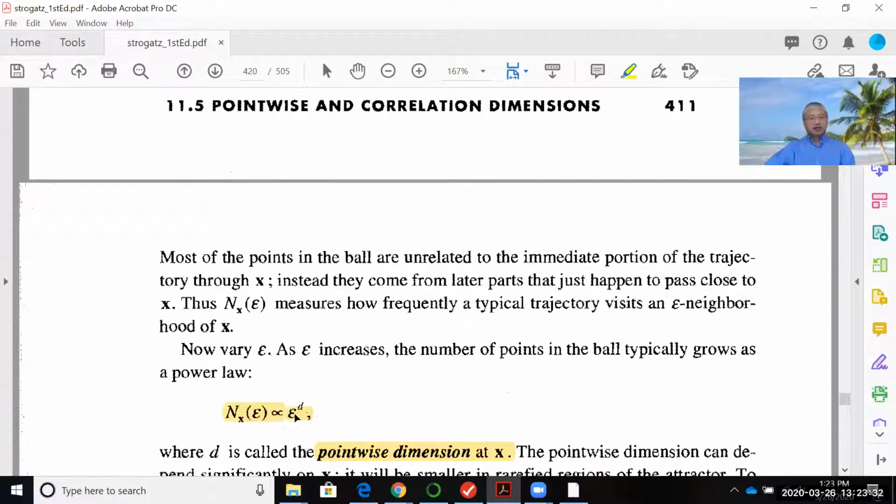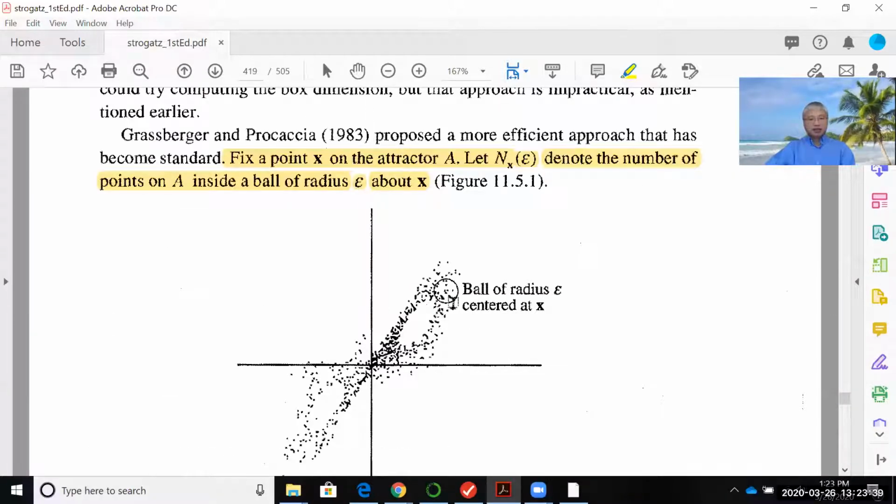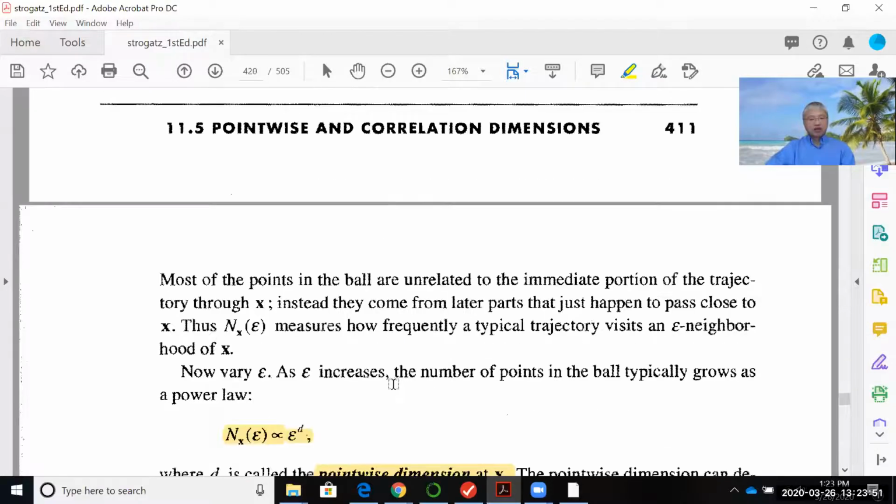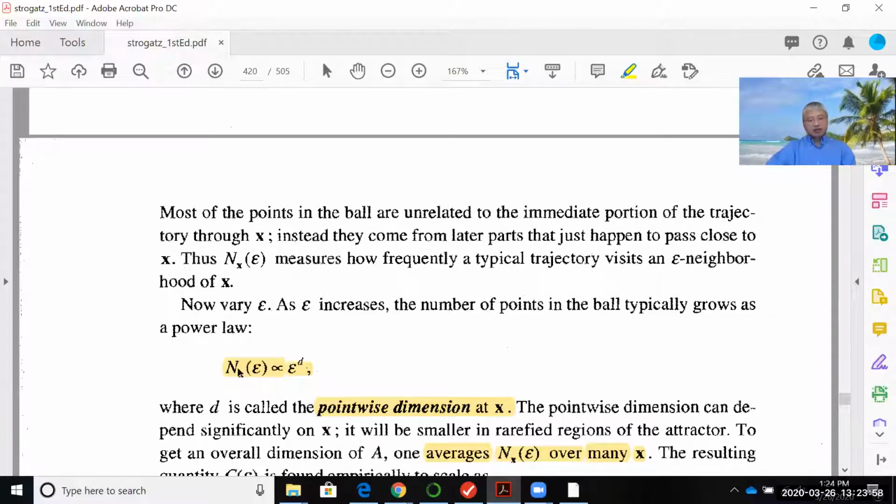And if you make this epsilon very big, so the circle encloses the whole object, then beyond that the number does not increase. So this scaling is only valid between a certain minimal epsilon and a certain maximum epsilon. Not only that, this scaling itself depends on where x is. So the point-wise dimension depends on x.